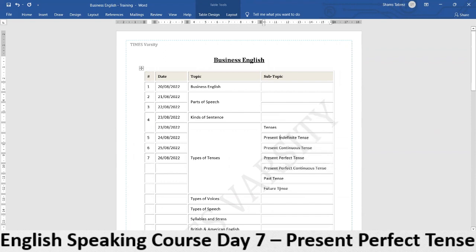Then past, future, different things. The types of tenses are very important, so we should have an understanding of the rules or the syntax for different types of tenses.